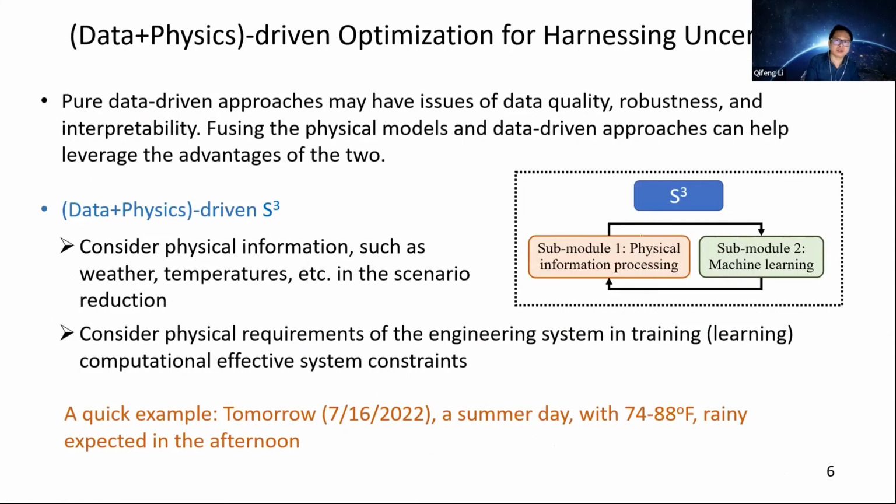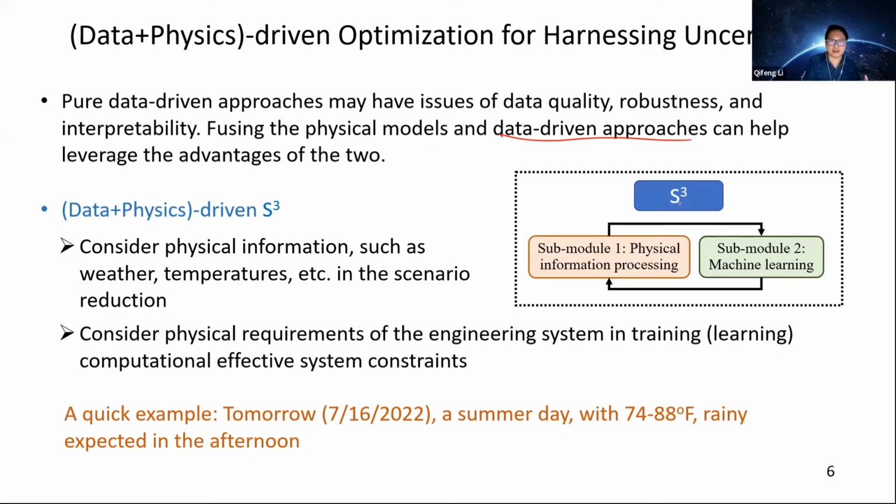So the S-Cube module can be a pure data-driven approach. But pure data-driven approaches have issues like data quality, robustness, and some other problems. So our strategy is to combine the physical model or the physical information of the power system as well as the data approach and leverage the advantages of both.